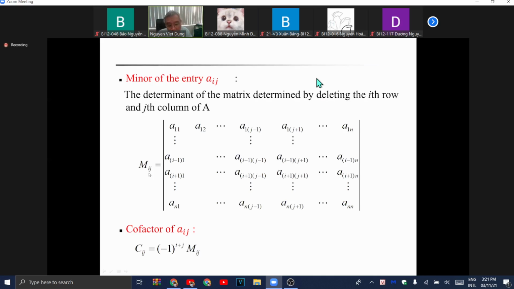That is the minor of entry Aij. If we multiply Mij by minus 1 to the power i plus j, it will be denoted by Cij and has the name cofactor of Aij. That is the notion of the minor and the cofactor of entry Aij.